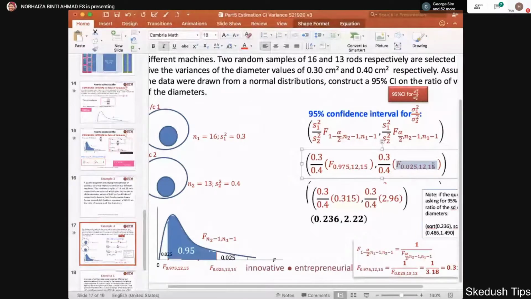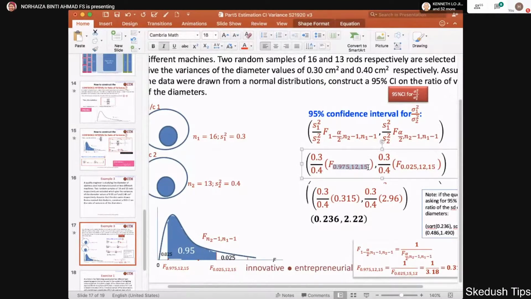Class? You should get 2.96. Class, can you get that value from the statistics table? Okay, great. Can you find the value of F 0.975, 12, 15?